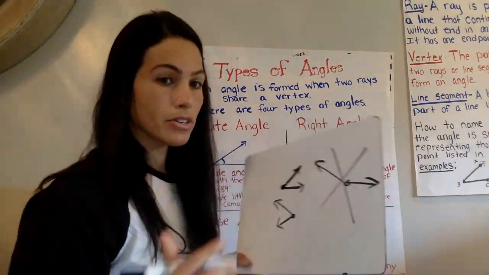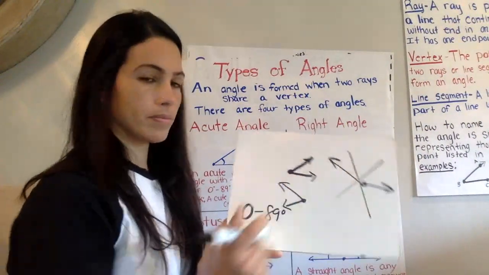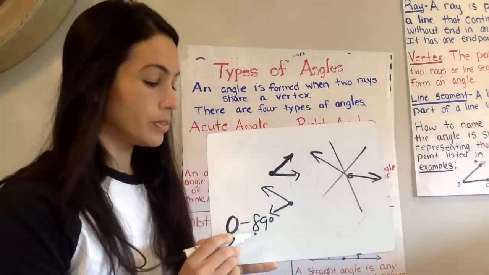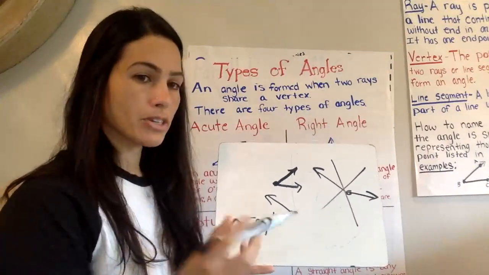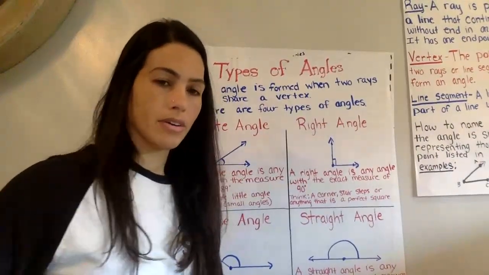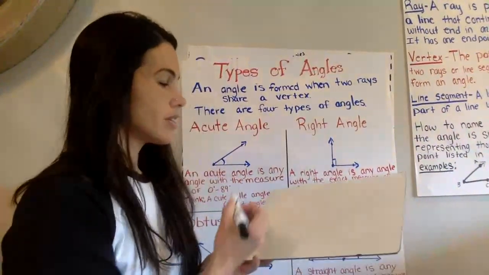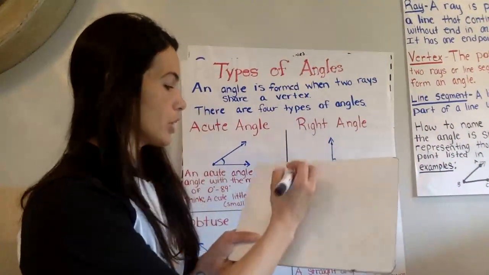So if I was to measure this, it'd be anywhere between 0 and 89 degrees. And you know it's an acute angle. So you either can tell by the way it looks or by the measurements. So one of the questions was pick the measurements. I don't remember exactly the wording, but it was like pick the measurements that would be an acute angle.